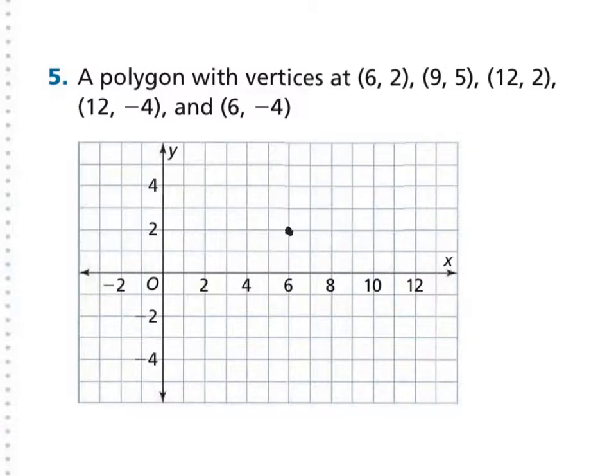So when we're graphing these, the first thing to remember is these are in alphabetical order, X and then Y. So you start at the origin, you start at 0, 0, and then you think about where you need to go. So if we're at 0, 0, we go over to 6 on the X, and then we go up to 2 on the Y. For 9, 5, we'll go over to 9 and up to 5.